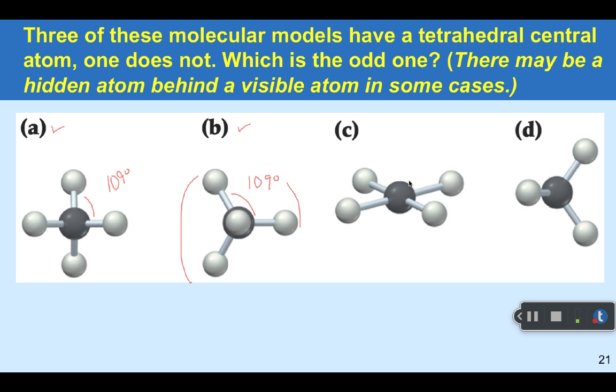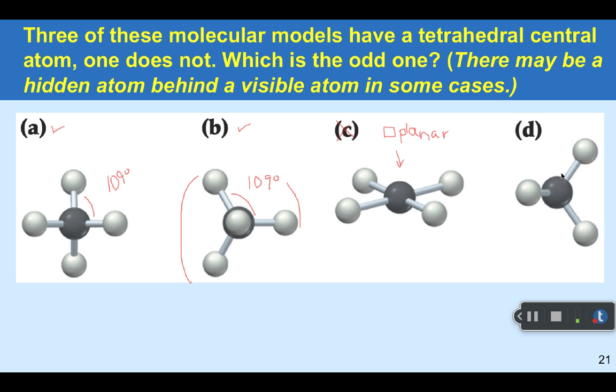The third one instead has a very planar arrangement, and that one will not be tetrahedral. This would be the square planar arrangement that you get with 4 bonds and 2 lone pairs with 90-degree angles, and that would not be tetrahedral. So square planar at 90-degree angles.